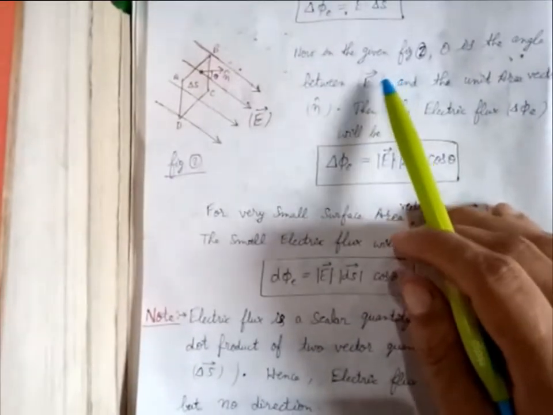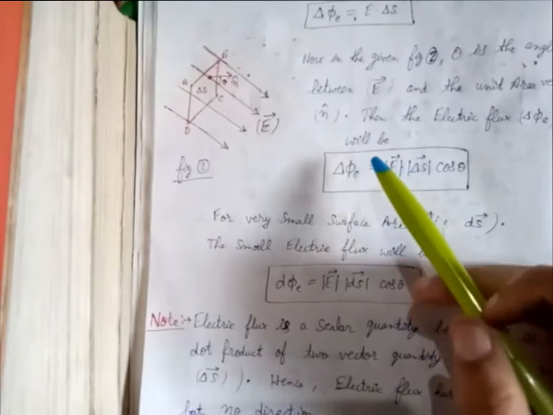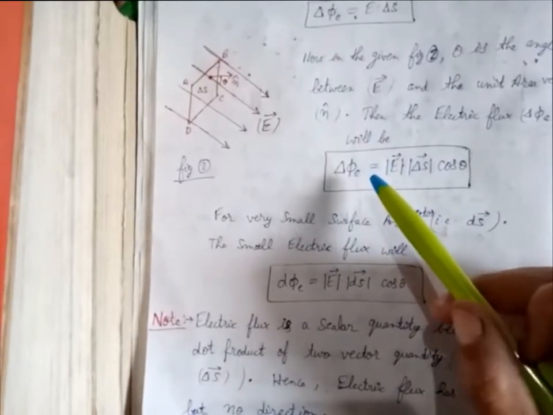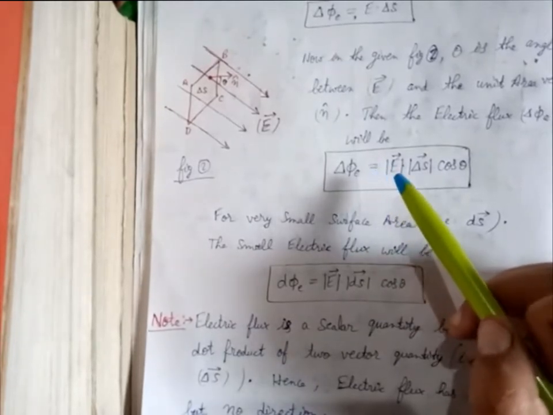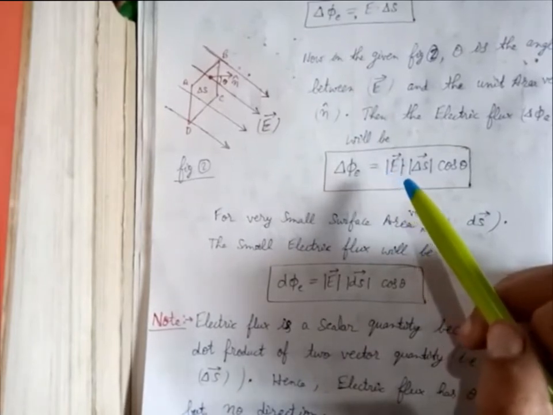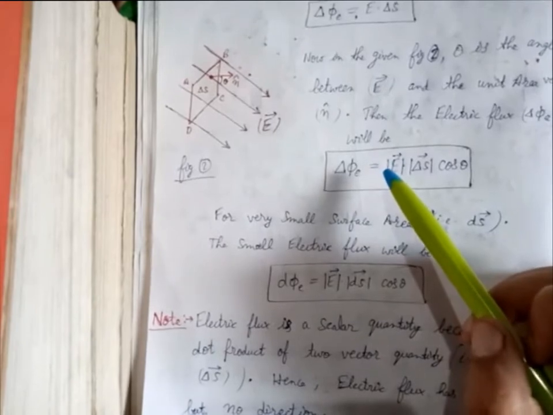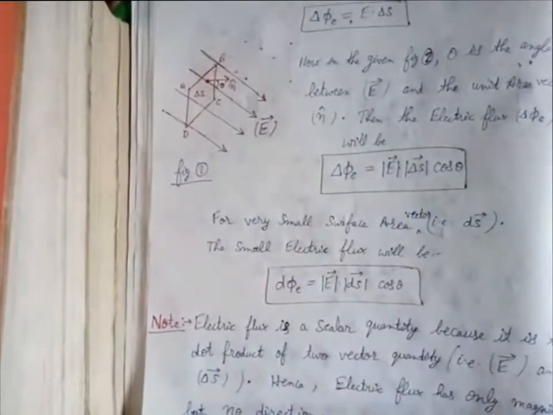The minimum condition will be cos 90. It means when the unit area vector and electric field vector make an angle of 90 degrees between them, or we can say the surface area will be along the electric field. So this is the topic of electric flux.